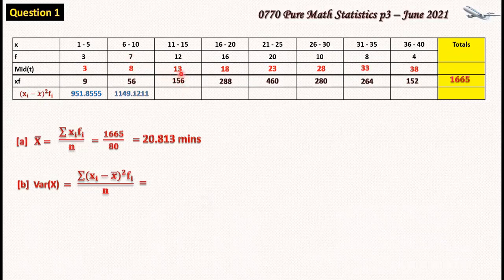1,149.1211. The next statistic is 13 minus 20.813 squared times 12. That's what we have. And then we have 18 minus x bar, that is 18 minus 20.813 squared times the frequency of 16. And then we have 23 minus 20.813 squared times the frequency of 20. And here we have 28 minus 20.813 squared times the frequency of 10.